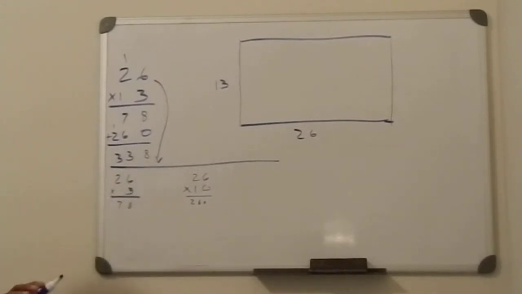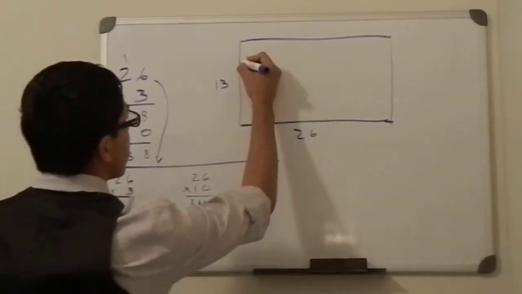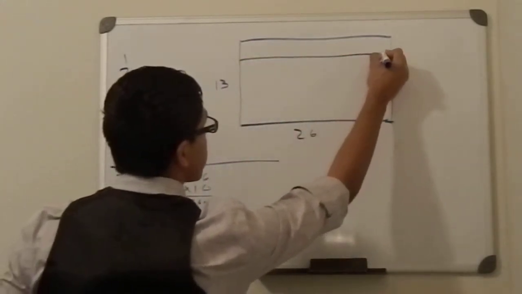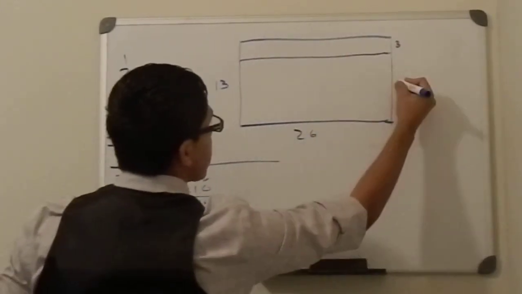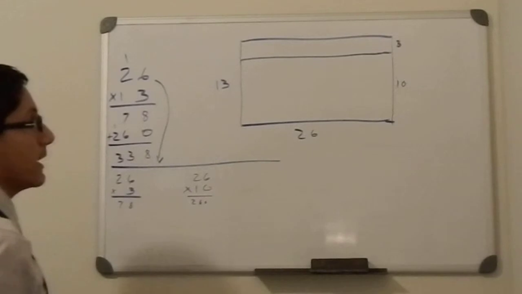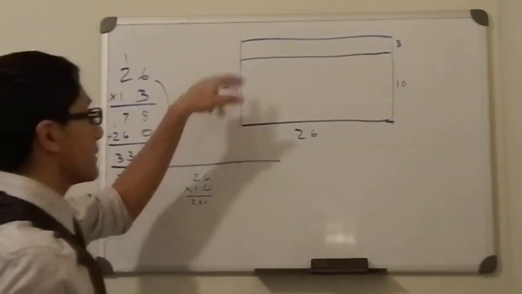And so what we did here is we split up the 13. We split up this side, right there. So now this part right here is 3, and this is 10, right? 3 plus 10 is our 13.